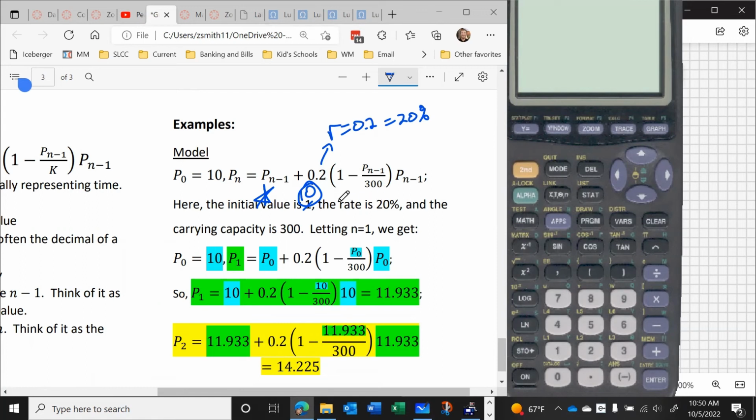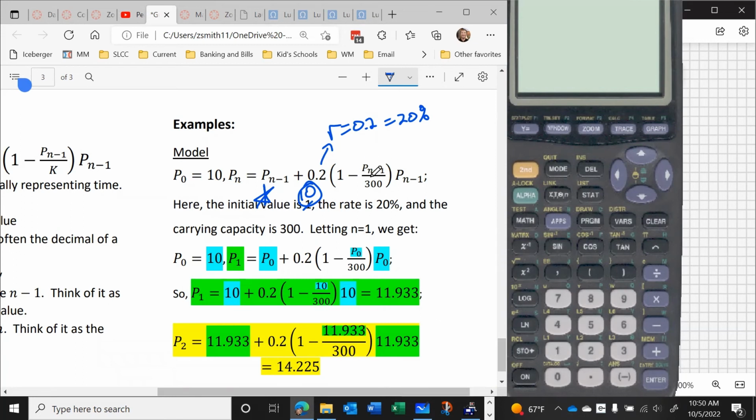Okay, so how will we use this? We have the P sub 0. We need the next one, P sub 1. So if I let n equal 1 in this formula right here, then I'll get P sub 1 equals P sub 0 plus 0.2 times.